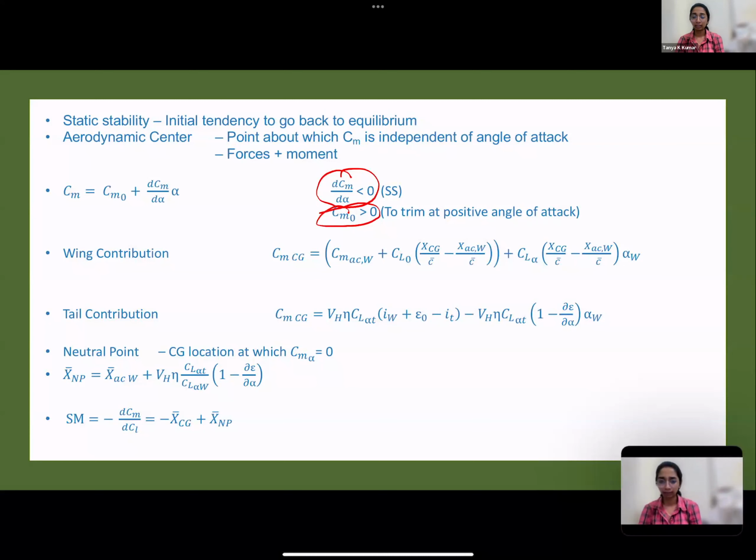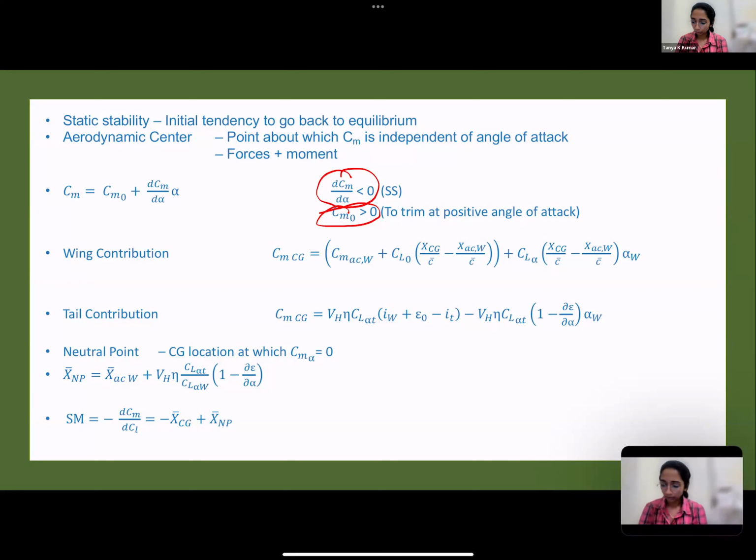Keep that in mind. There will be several questions that say if you deflect the elevator, how much will the stability change? Or if I change the area of the elevator, how will the stability change? It will not. The factors affecting stability are only Cm alpha. The control surfaces have no effect on that.